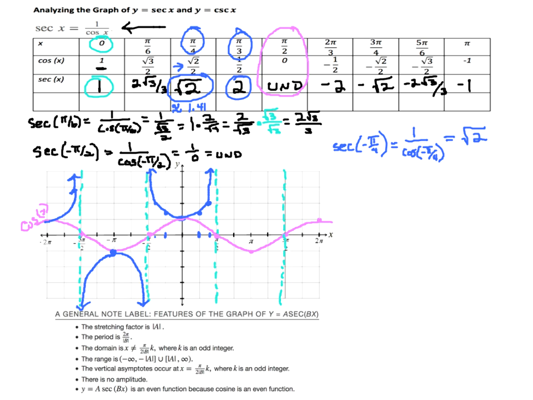If I have a maximum with my cosine, I'm opening up with my secant. If I have a minimum with my cosine, I'm opening downward with my secant. So this one's going to open downward, and this one's going to open upward.